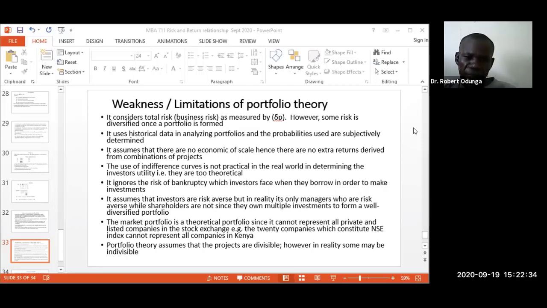The market portfolio is a theoretical portfolio since it cannot represent all private and listed companies in the stock exchange. For example, the 20 companies which constitute the Nairobi Securities Exchange Index cannot represent all companies in Kenya.